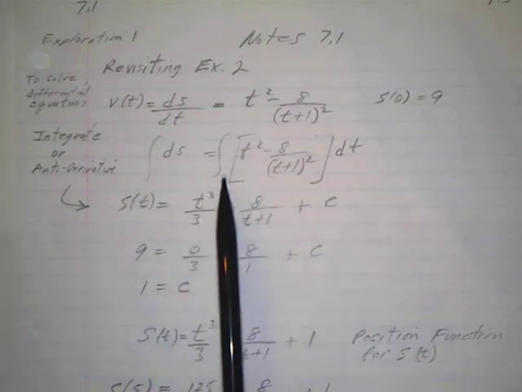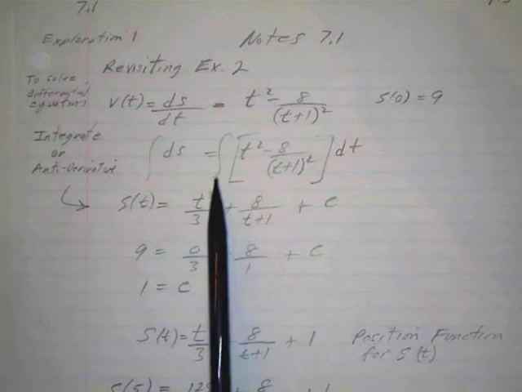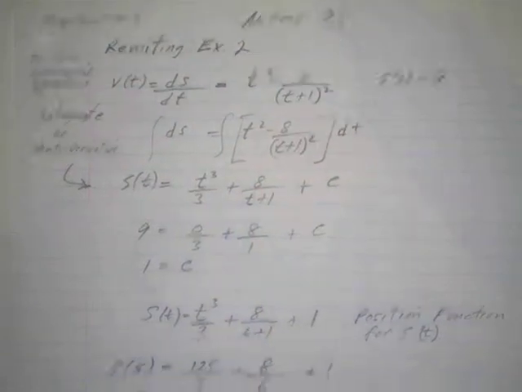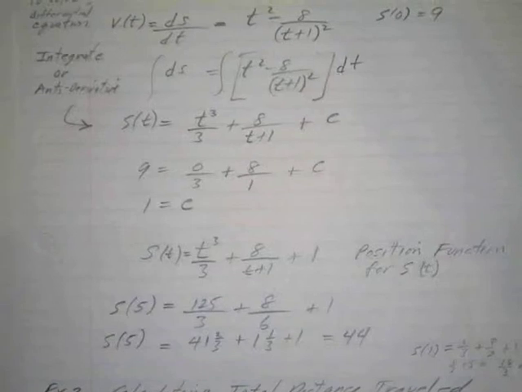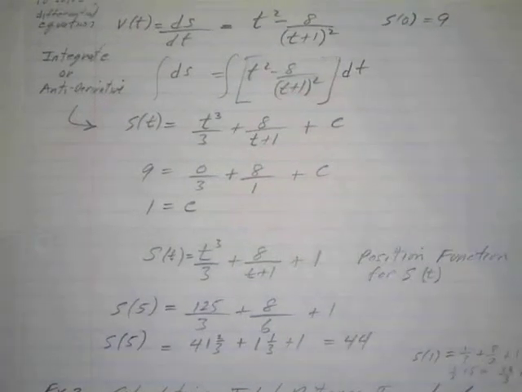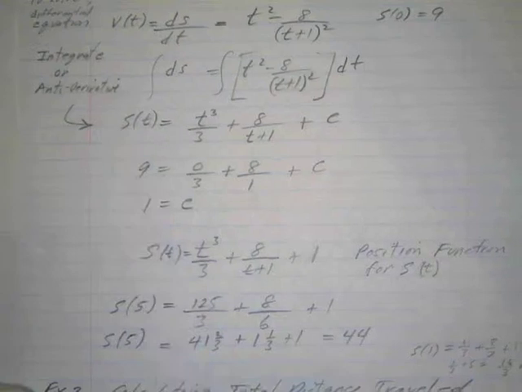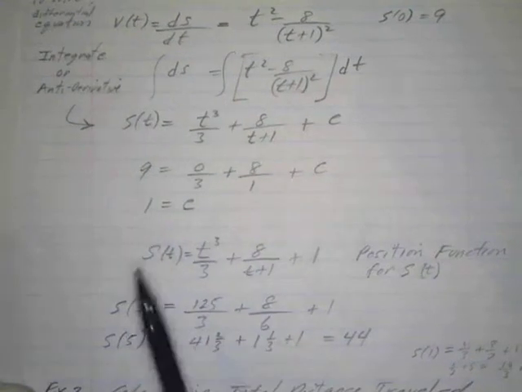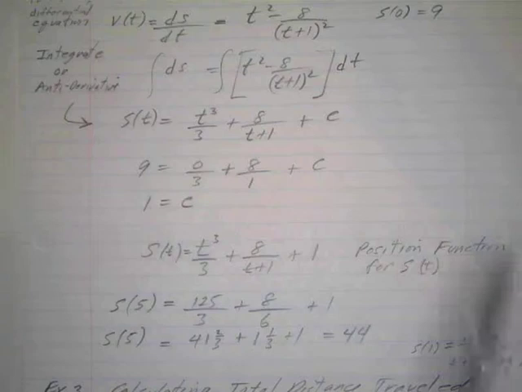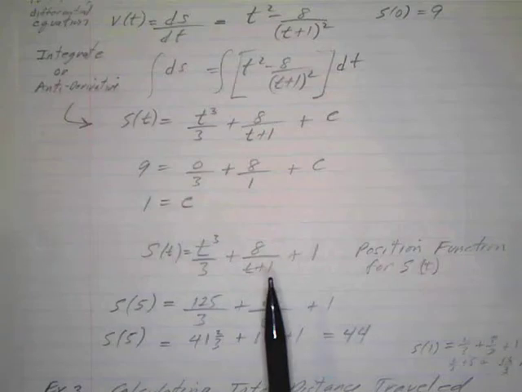But now this is not going to be over a particular interval from 0 to 5. This is just going to be in general. This is going to be the solution for a general differential equation with this initial value. So it's not going to be over a particular interval. It's going to give me my position, not my delta s, but actually the s of t.